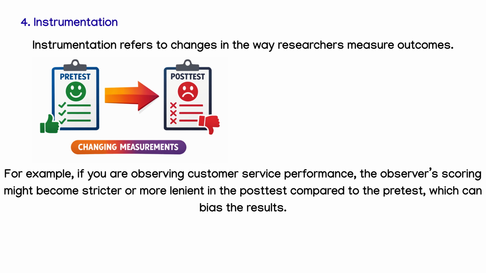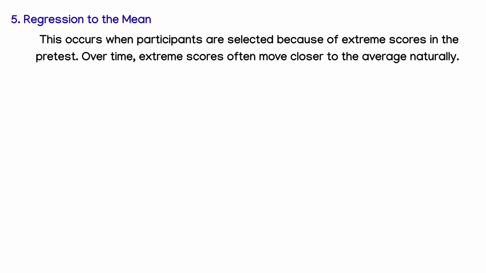4. Instrumentation. Instrumentation refers to changes in the way researchers measure outcomes. For example, if you are observing customer service performance, the observer's scoring might become stricter or more lenient in the posttest compared to the pretest, which can bias the results. 5. Regression to the mean. This occurs when participants are selected because of extreme scores in the pretest.